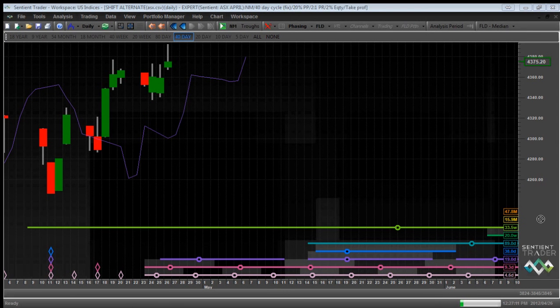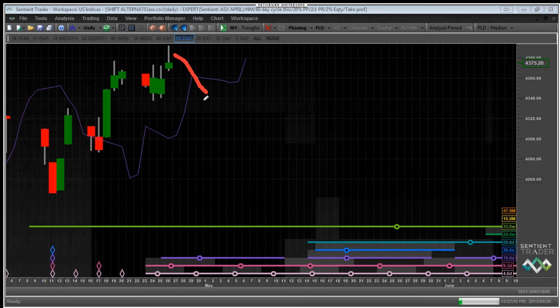Okay. So what are we expecting to happen now? Well, we are expecting price to come down and possibly still form a trough of the 20-day cycle, or in fact the trough of the 20-day cycle might have been formed already.